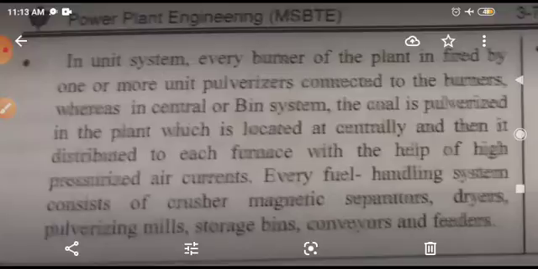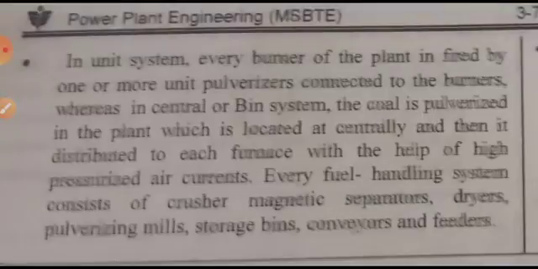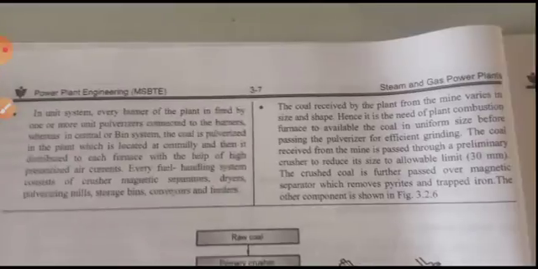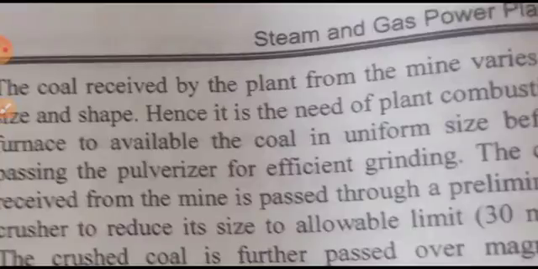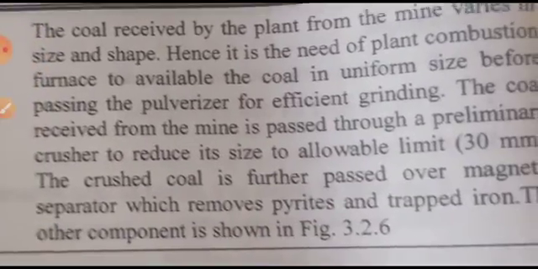Every fuel handling system consists of a crusher, magnetic separator, dryer, pulverizing mill, storage bins, and conveyors and feeders. These are the components of this pulverizing system.